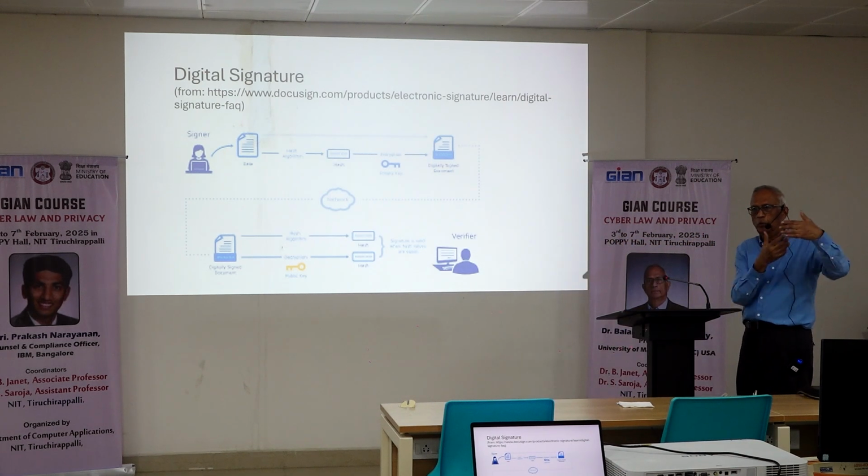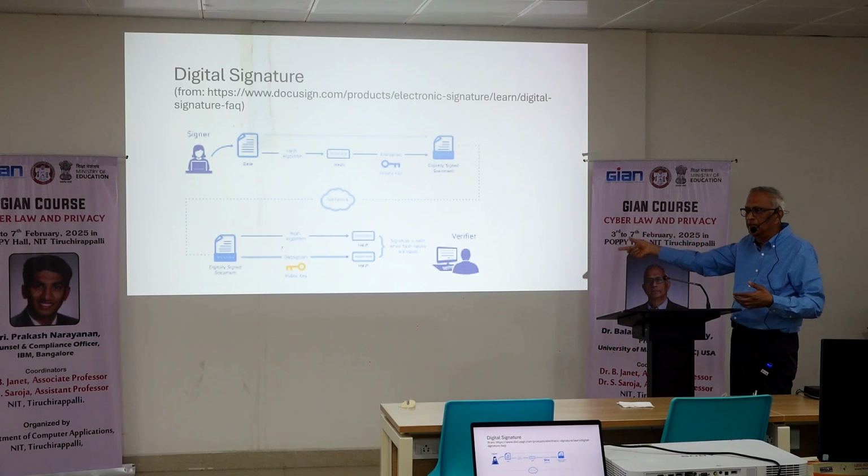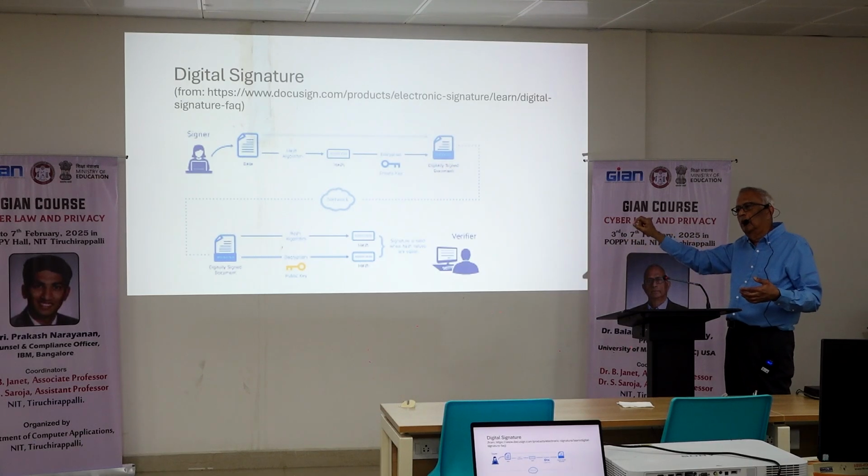So they have the original document as well as the hash. Then they apply the same hash function on the decrypted document. If their hash is the same as the hash they received, you can be sure it was not altered during transit.